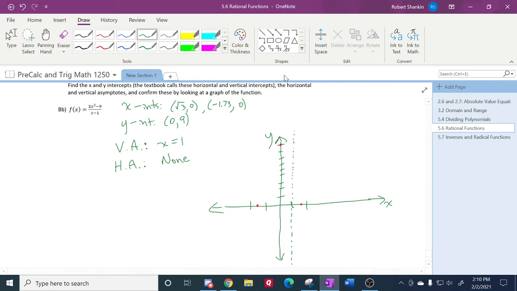And then, alright, no horizontal asymptotes. It could be my graph goes way up. Could be it goes way down. I'm not sure, but I got this information.